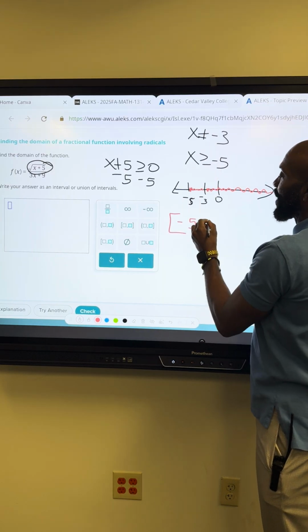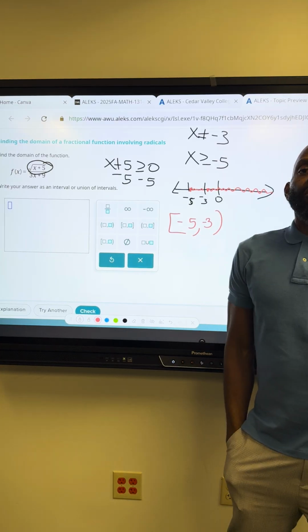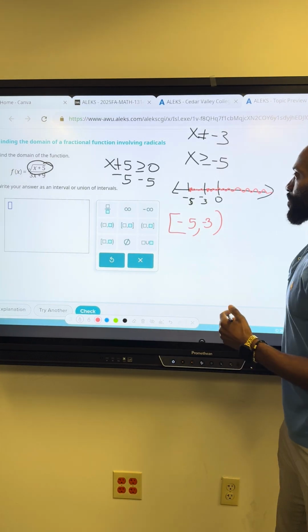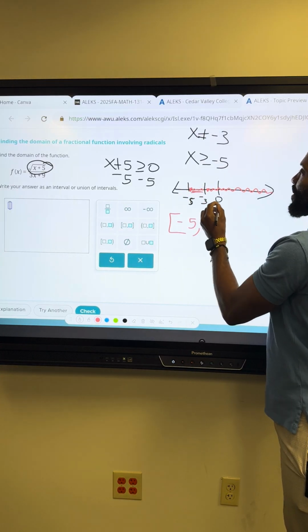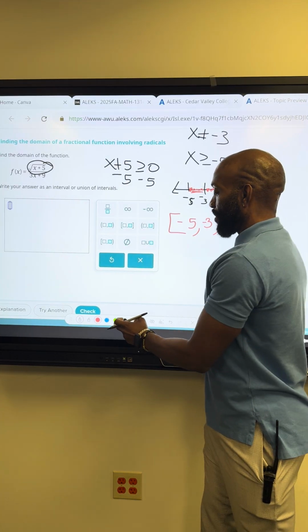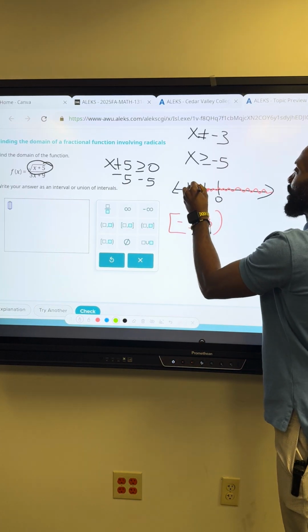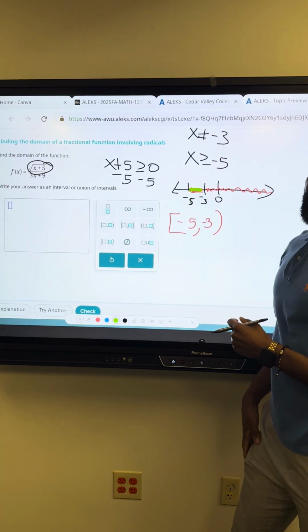Negative 3 is not included, so I need a parentheses. This is one set of numbers, and this is another set of numbers. I should have done it in a different color, but let's do this set in green. So this is one set of numbers, and then the red is another set.